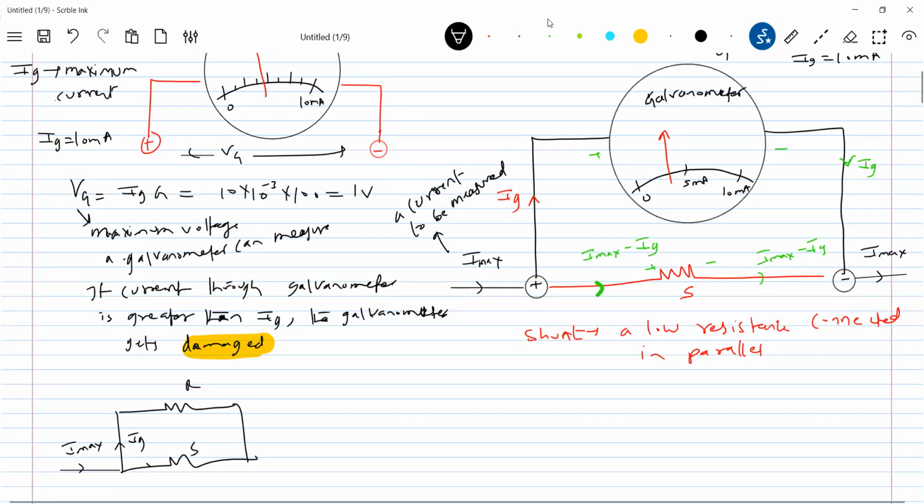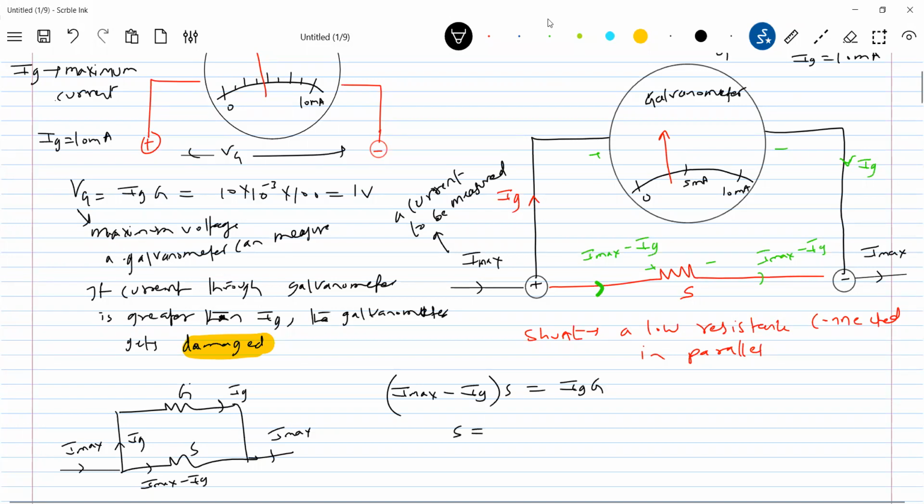The remaining I max minus Ig, and the same current has to leave. This is G, so this is the equivalent circuit. In place of the galvanometer, replace it with the galvanometer resistance. They're parallel, so the drop should be equal. So here I max minus Ig into S should be equal to Ig into G.